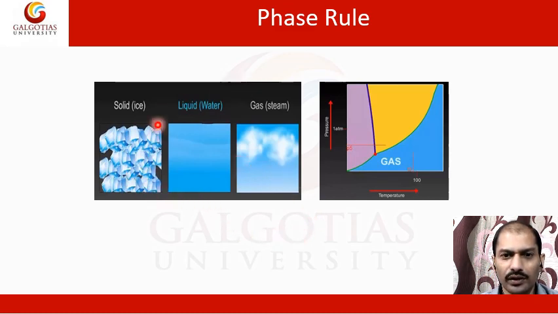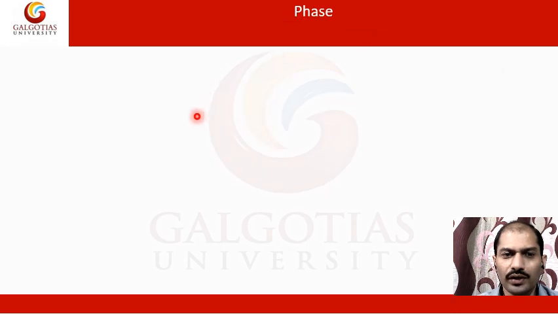So here this is also representing that knowing the pressure and temperature values can provide information about the phase of the matter.